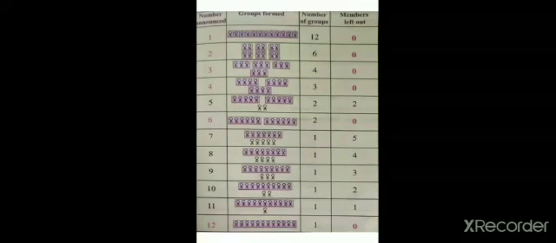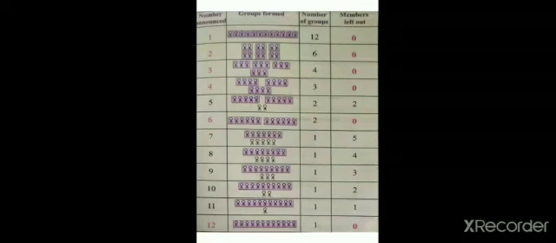In the first way they have arranged 12 groups. When we group the 12 members into 12 groups, we have 12 groups and no one is left out. In the second way we have 6 groups and no one is left out.